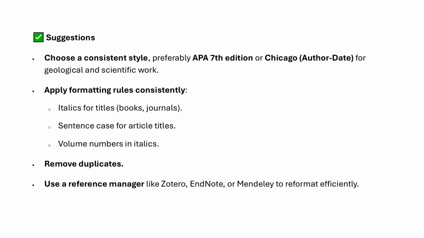And the suggestions: choose a consistent style, preferably APA 7th edition or Chicago author-date for geological and scientific work. Apply formatting rules consistently in terms of italics for titles, sentence case for article titles, and volume numbers in italics, and remove duplicates, and use a reference manager like Zotero, EndNote, Mendeley to reformat efficiently.